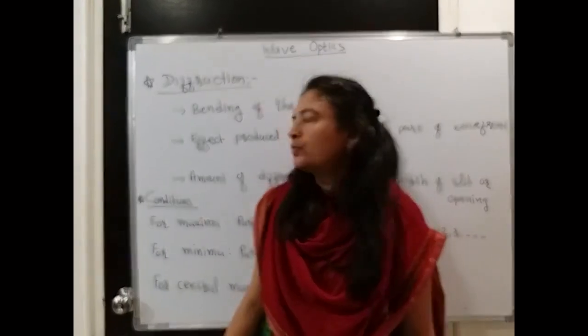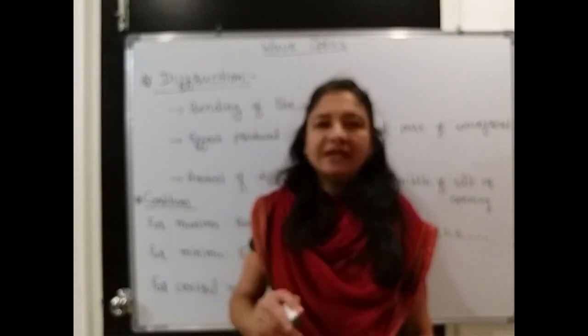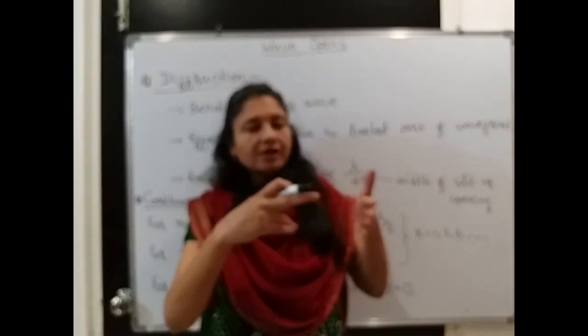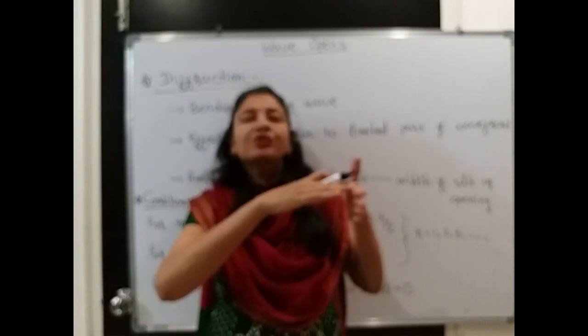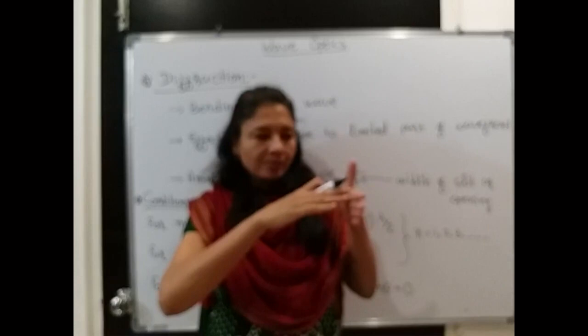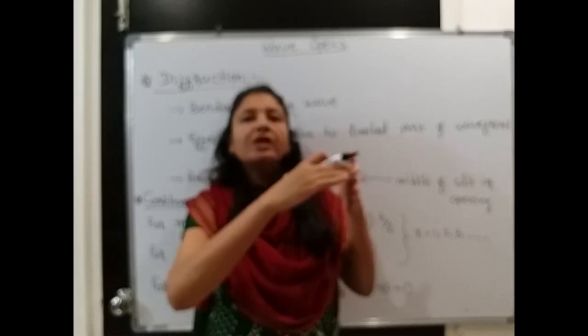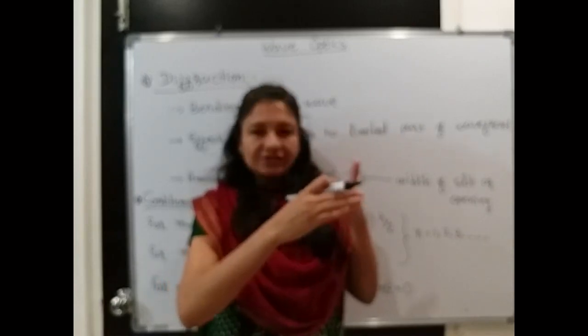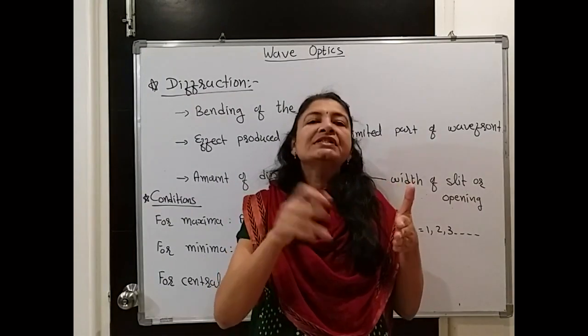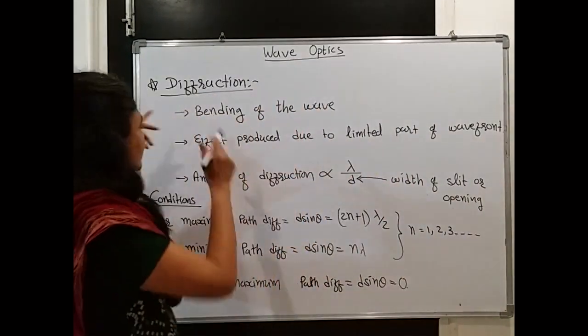Now let us move towards the next topic, that is diffraction. You know that whenever some obstacle comes in the path of the wave and the edges of the obstacle are sharp, then that wave will bend at the edge. This phenomenon of bending of the light wave is known as diffraction. So what is diffraction?